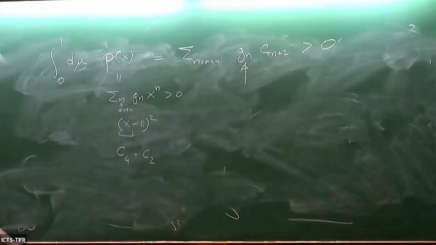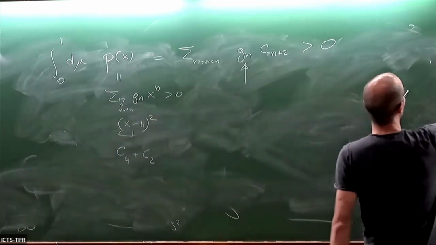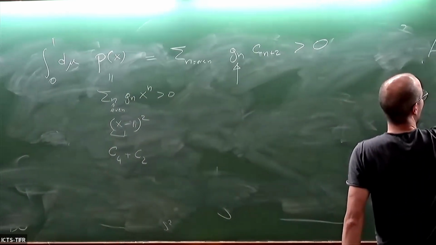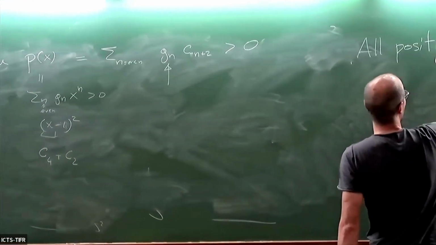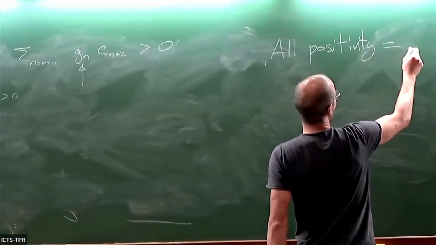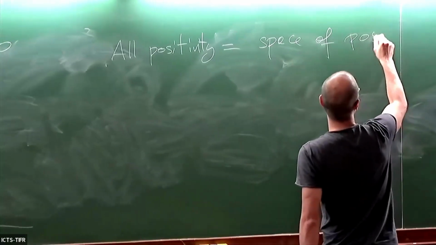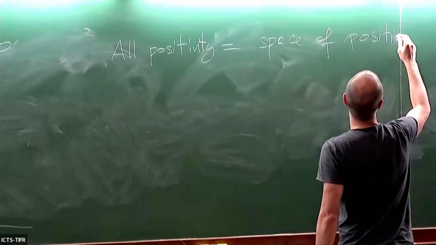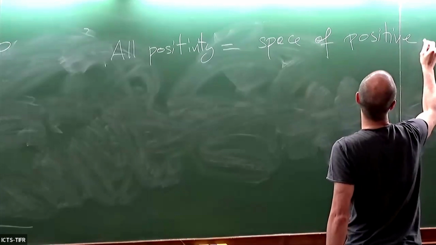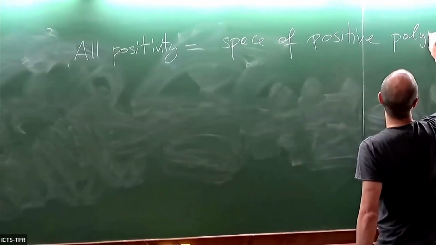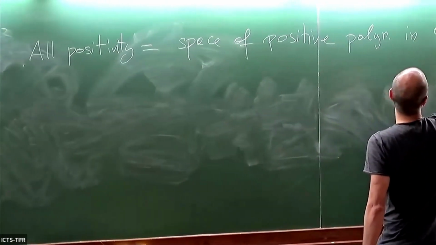So all the bounds that you can extract are in one-to-one correspondence with constructing positive polynomials which are not obviously positive. So the space of all positivities, at least in the forward limit that we are discussing, is equivalent to finding the space of positive polynomials in the interval.